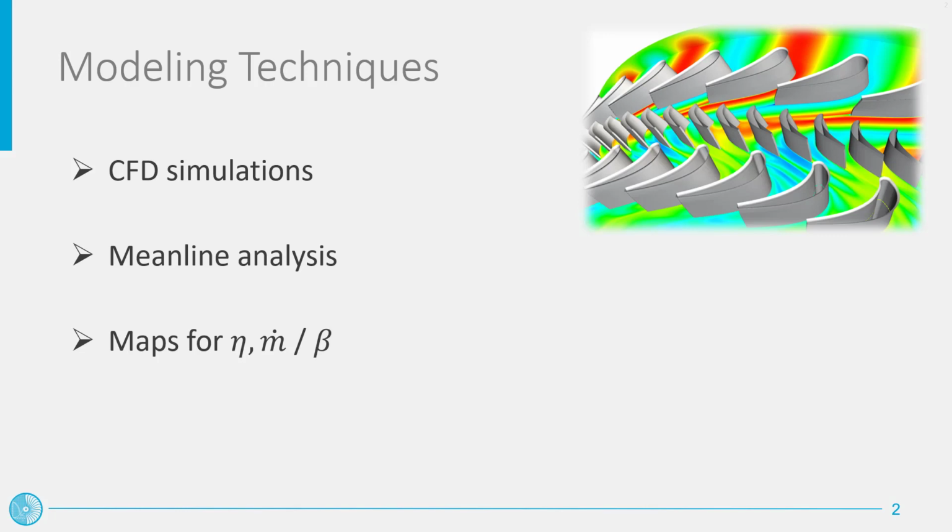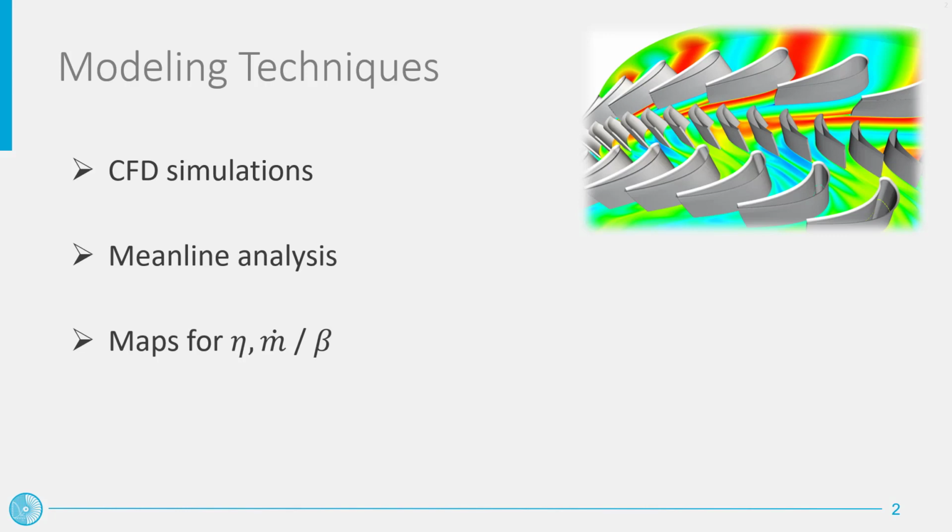The maps are most of the time derived experimentally, or with a combination of experiments and numerical simulations. By applying similarity rules, the obtained maps for one specific machine can be also extended to other ones, provided that these have similar geometry to that of the tested machine.